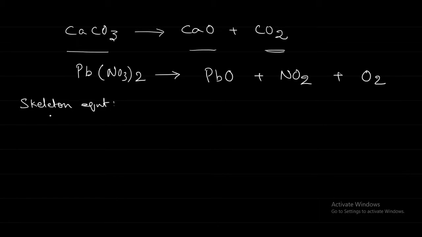Means what? All of you know, in your previous classes you have studied about the law of conservation of matter. What does it state? Atoms can neither be created nor be destroyed. Correct. Matter can neither be created nor destroyed.